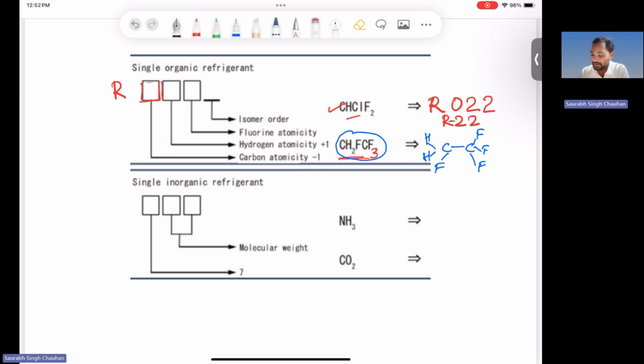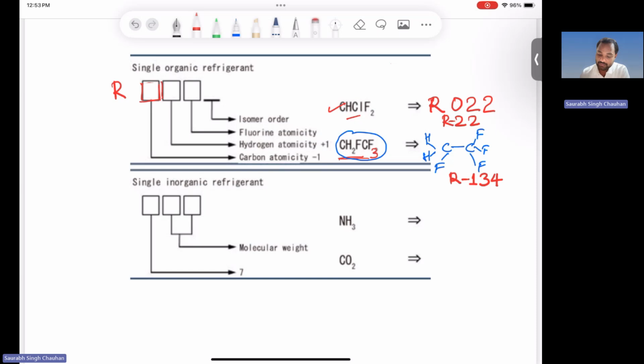Again you put R, because it is a single organic refrigerant. Number of carbon atoms: 2 minus 1, 1. Number of hydrogen atoms: two, so 2 plus 1 is 3. How many fluorine? 1, 2, 3, 4. So 4. So it is R134.